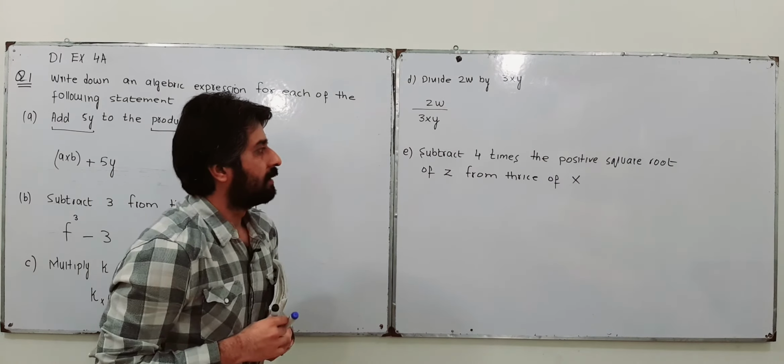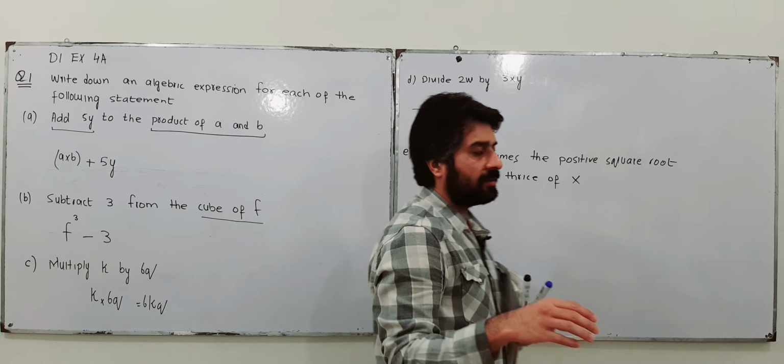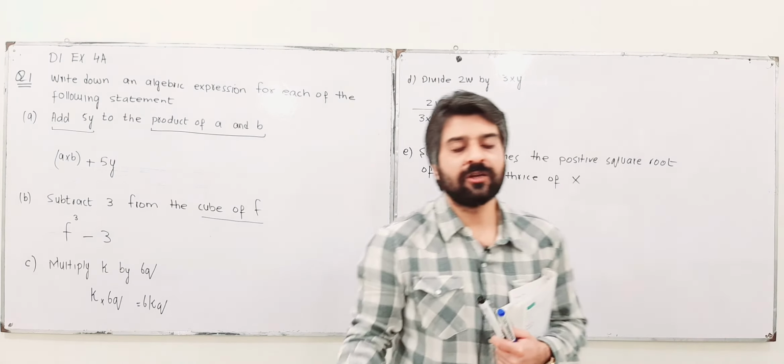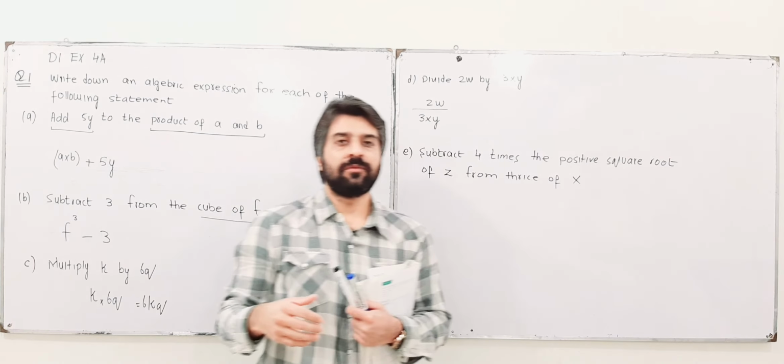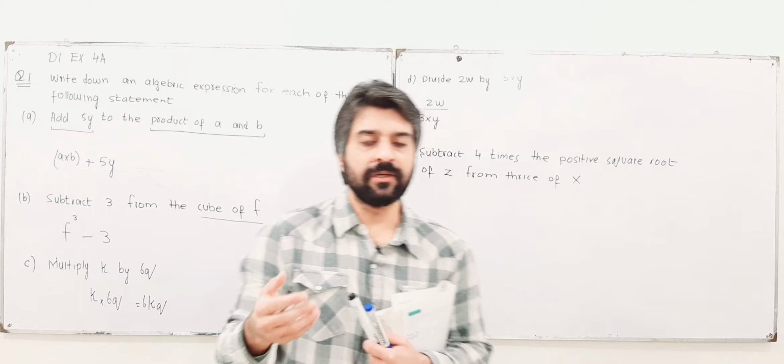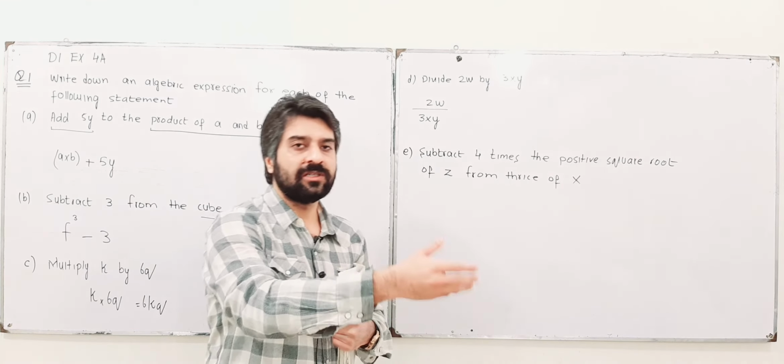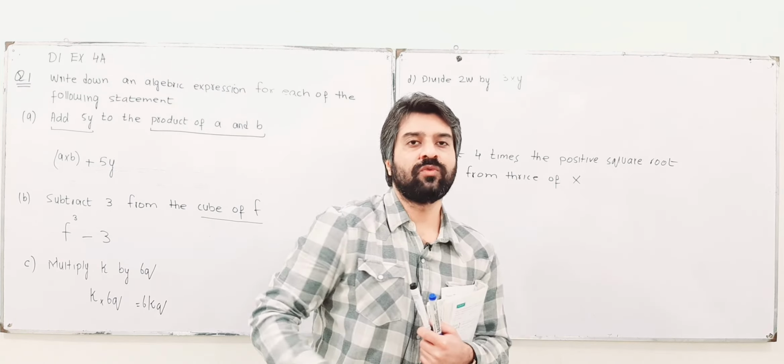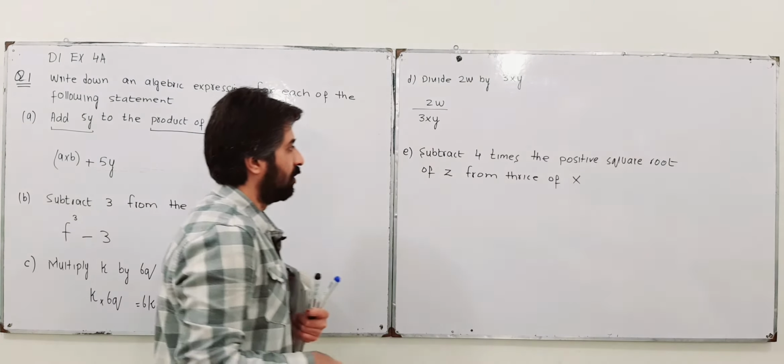Here x, y, w are variables, they are unknowns, and when we solve algebraic equations, we are going to find the values of the variables involved.